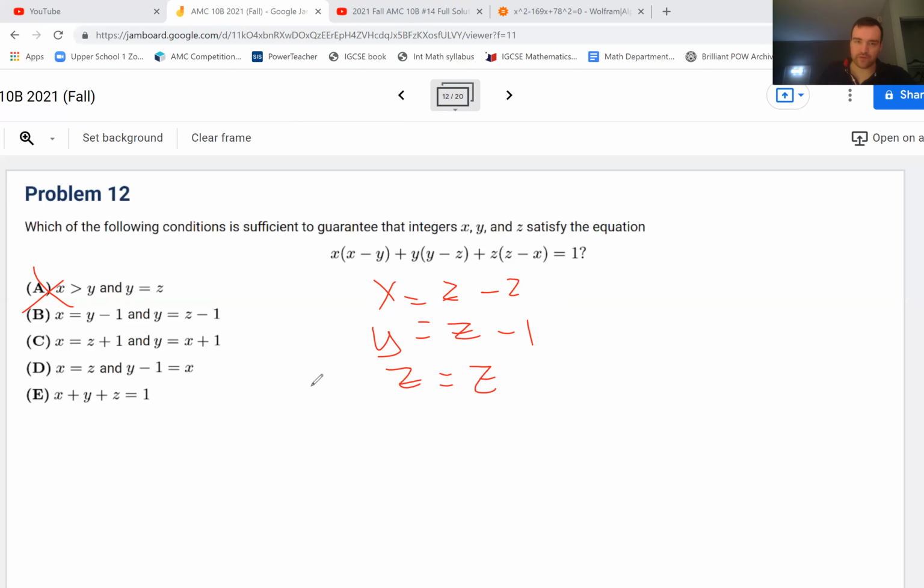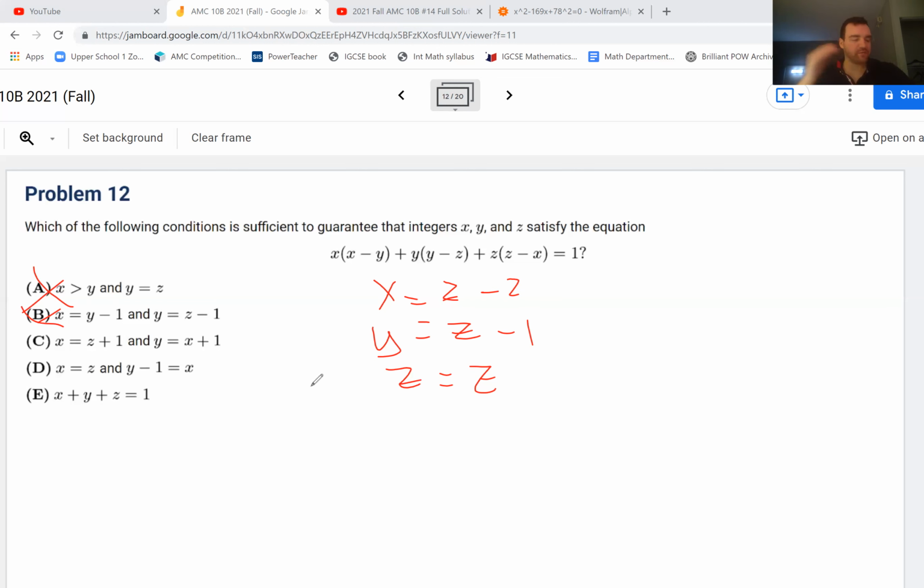You get |z minus 2 minus (z minus 1)|, which is 1, plus |z minus 1 minus z|, which is 1, plus |z minus (z minus 2)|, which is 2. So you get 1 plus 1 plus 2, which is 4 equals 1. But that is false. So B is false, right?